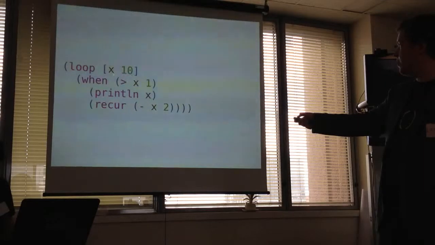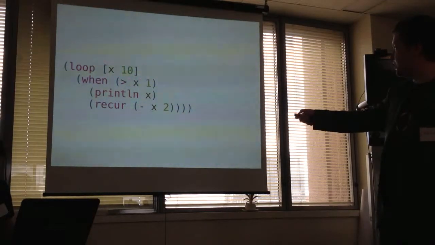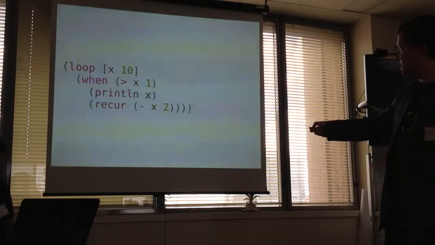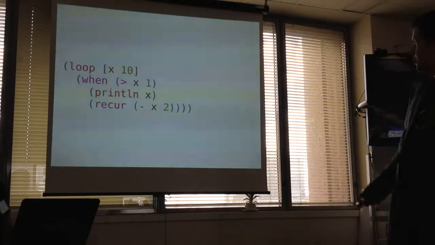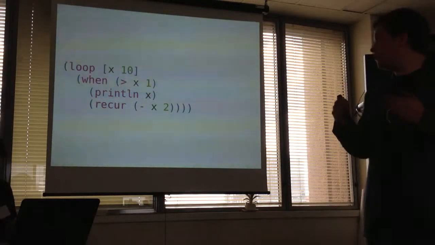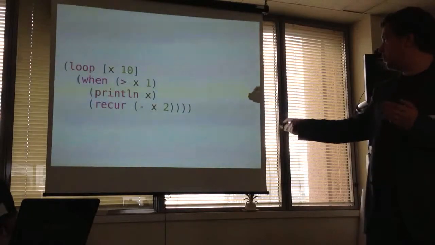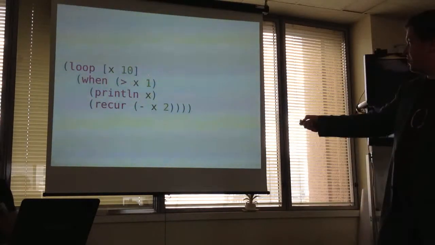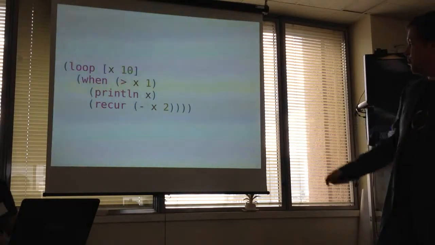So with loop here, we're initially assigning x to 10, and then when we call recur, we're setting x to what it was minus 2. So loop here you can kind of think of as like a function with one argument, but the 10 is its default argument.